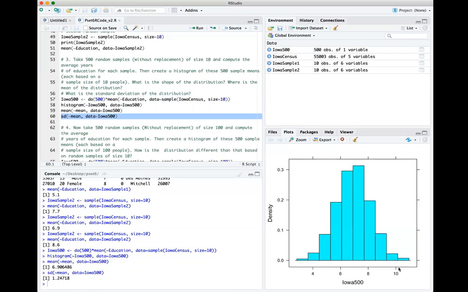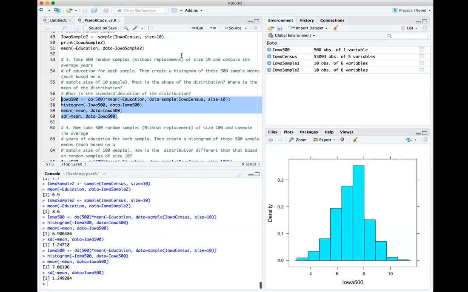And the standard deviation of those means is the standard error. And that is roughly bell curved. I'm going to do this again just to show you that even when you run this, you'll still see some variability in our sampling distribution. Here we have a point estimate of 7, and we have a standard error of 1.24.